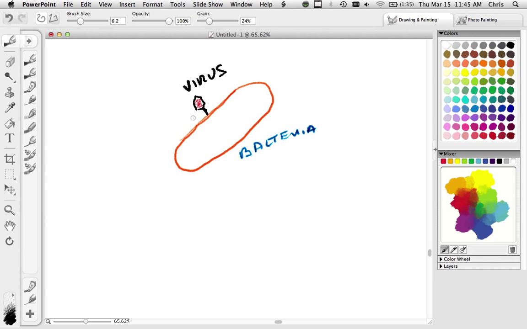Some viruses don't. This virus in particular is going to be able to poke its way through this cell wall and cell membrane of the bacteria and actually inject its DNA into the bacteria itself.